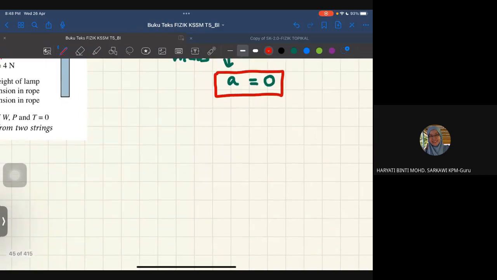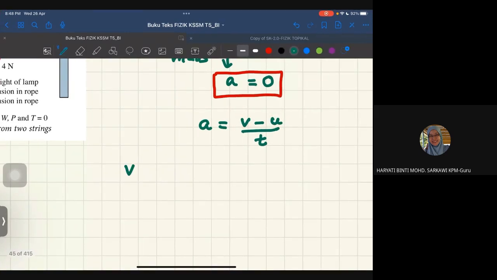From the formula of acceleration, a is equal to v minus u over t, where v is final velocity and u is initial velocity. When v equals u, the acceleration will be equal to zero. So this is when the system is moving in a constant velocity.